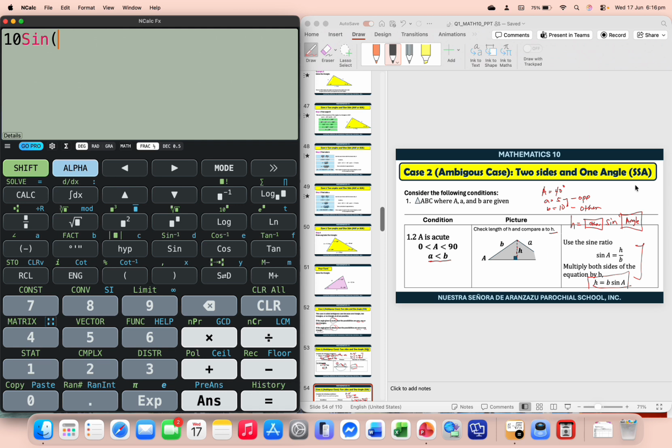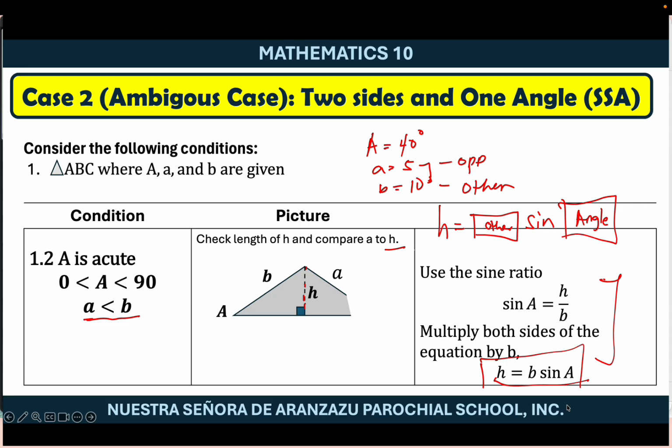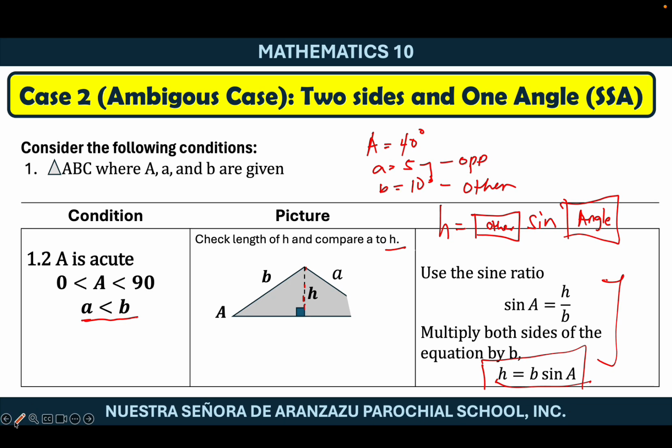Sine, yung given na angle is 40. Now, itong nakuha mong height, which is 6.4, isulat natin. So, nakita nyo on the calculator, the height is equal to 6.4.